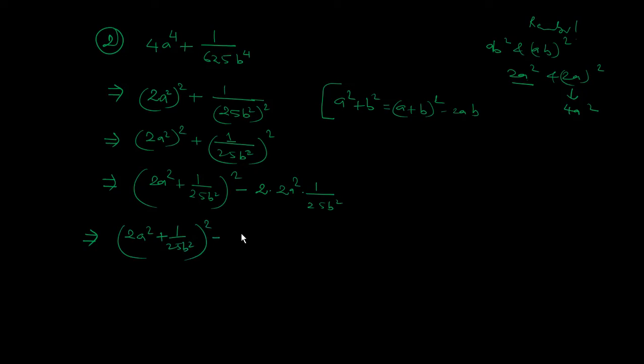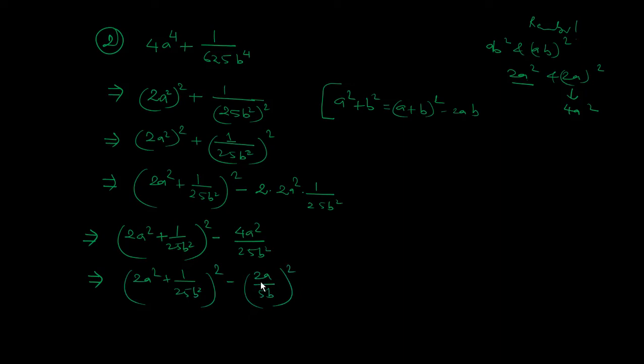Okay, the first step is (2a square plus 1 over 25b square) whole square minus 2 times 4a square over 25b square. If you understand this step, you can write here directly also. That is also acceptable. But here I have solved this in many steps.